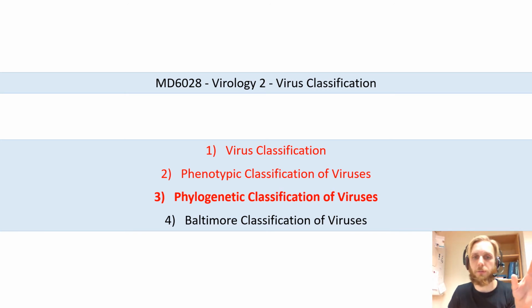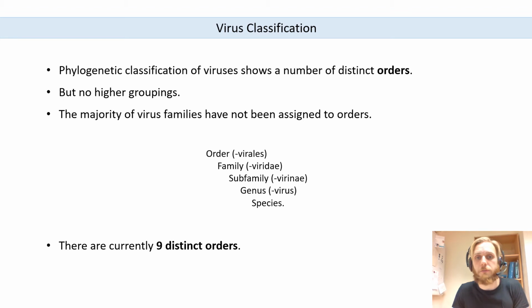As you saw with the phenotypic classification system, we're still using elements of phylogenetic classification. We're still using virus families, and we're putting the virus families onto this phenotypic map. So obviously there's some value in the phylogenetic classification. So we do still use it to a degree, which is what I want to talk about now. For example, these are the issues we talked about.